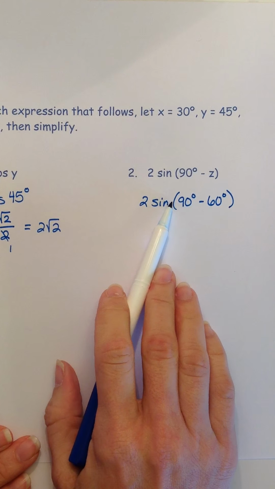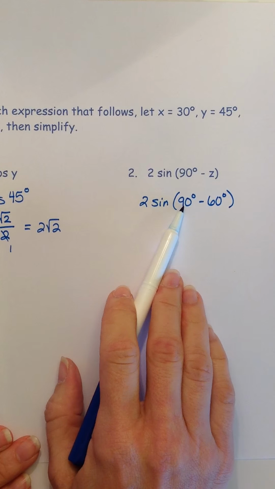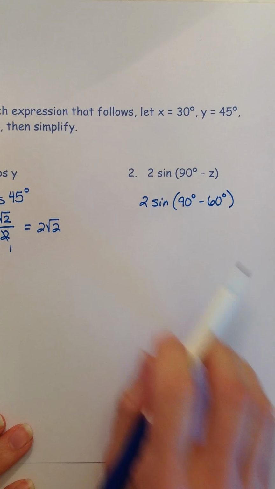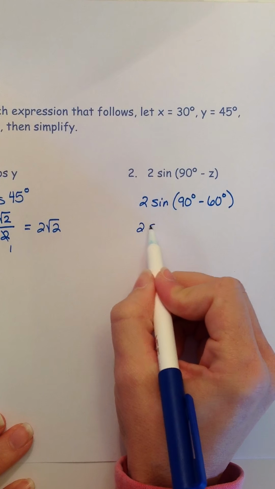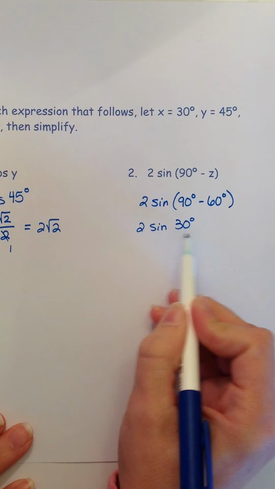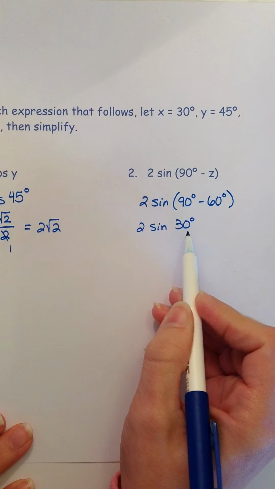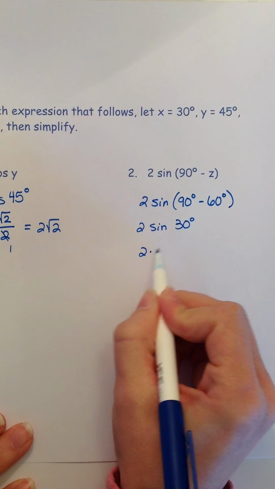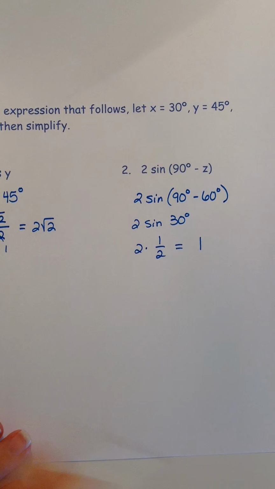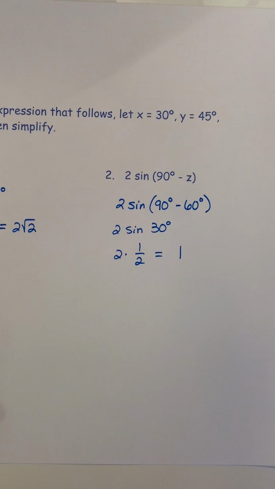You can't use the distributive property and do sine 90 minus sine 60. Can't do that with your angle. So do your subtraction. So you'd have 2 times sine 30 degrees. Now look up your sine 30 degrees, which is 1/2. So 2 times 1/2, and your answer is 1. Okay, next.